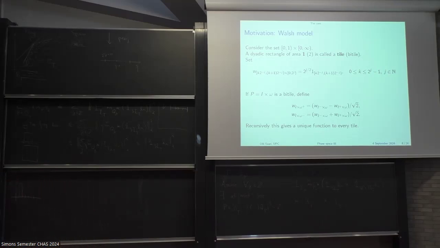Okay, so now we have a function for every tile touching the x-axis. And then we define this kind of additional operation to produce functions for other tiles. And using this mechanism, we can produce functions for all tiles.